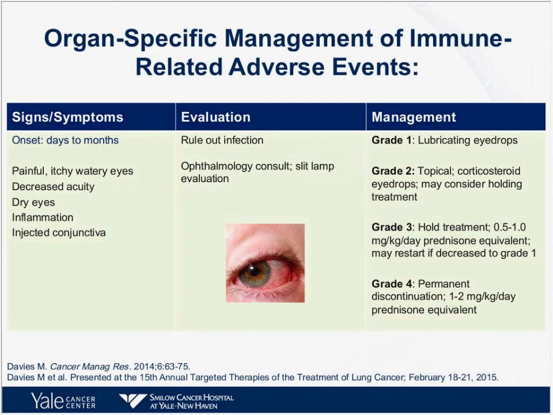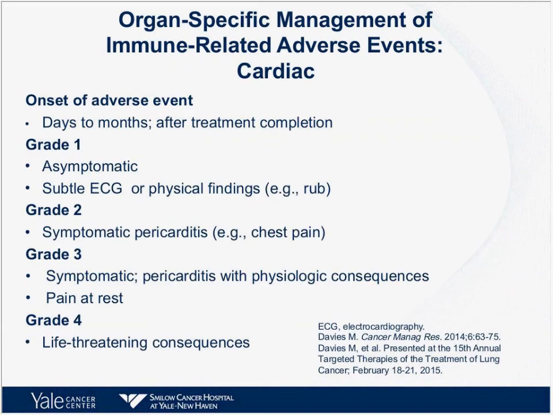If they do have grade 2 toxicity, they may need corticosteroid eye drops and you may consider holding therapy. If they do develop a grade 3, so really significant, unresponsive to topicals, they may require prednisone at the 0.5 to 1 milligram per kilogram per day until it decreases to grade 1. If there is grade 4, there is permanent discontinuation of the therapy and continued steroid use.